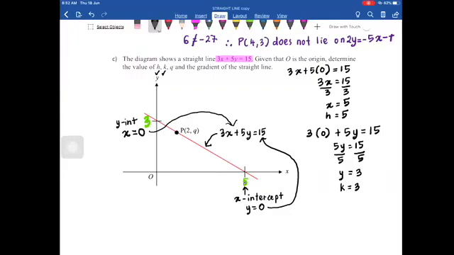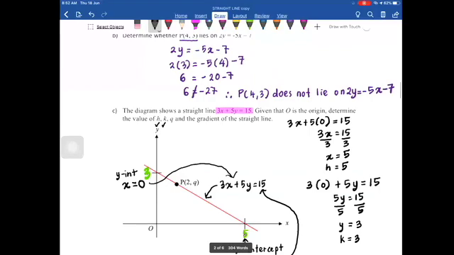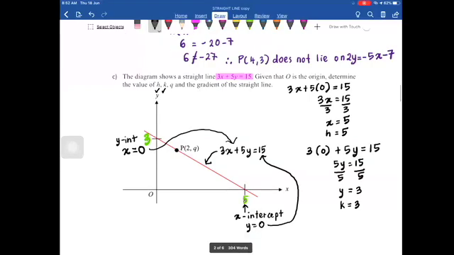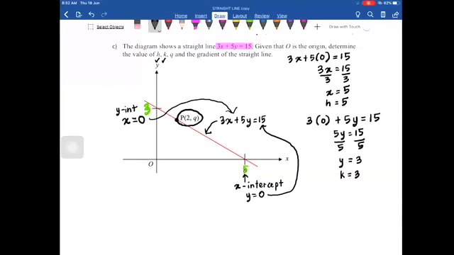So sekarang nak cari Q. So Q, the point P lies on the straight line. Kalau dia lies on the straight line, kalau saya substitute salah satu, either X or Y, I will get the other value.